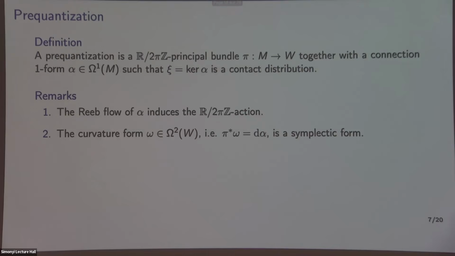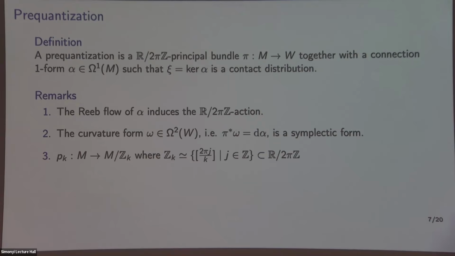Another consequence of this definition is that the curvature form, the two-form on W whose pullback is d alpha, is a symplectic form. And maybe an interesting remark for us also: once you have a prequantization, you actually have a whole sequence of contact manifolds. If you see Z_k, the cyclic group of order k, you can see it as the kth roots of unity inside the circle S^1.